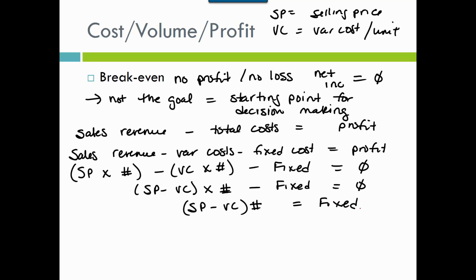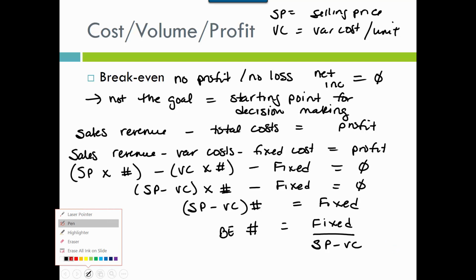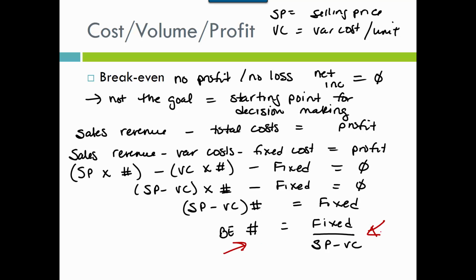And so now my equation looks like this. And so then I can rewrite it. The number that I need to break even, BE, equals my fixed costs over selling price minus variable cost. This is super important right here. So here, let's put a big red arrow there.